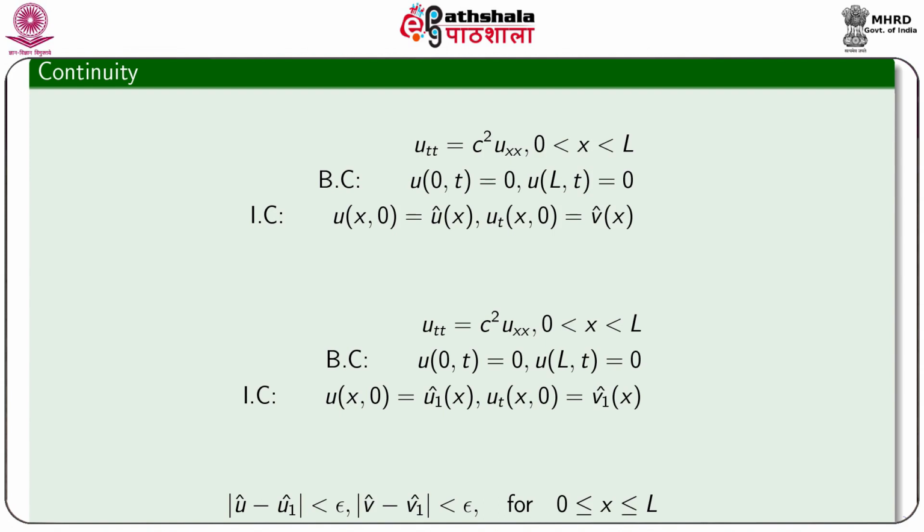You can see that u cap is replaced by u1 cap and v cap is replaced by v1 cap, but these two functions are very near to the functions u cap and v cap. That means, in the mathematical sense, we can define their norms: norm of u cap minus u1 cap is less than epsilon and norm of v cap minus v1 cap is less than epsilon, where epsilon is greater than 0.